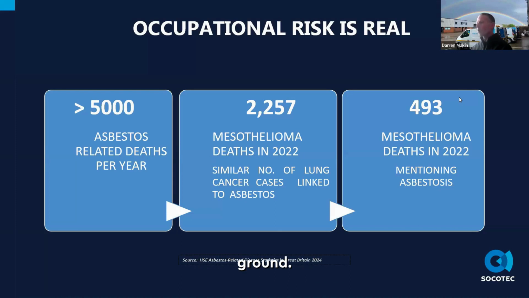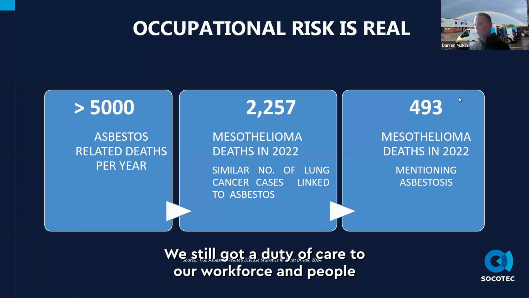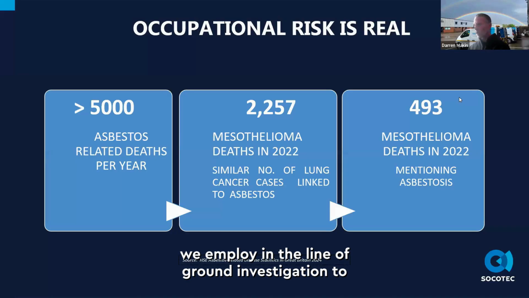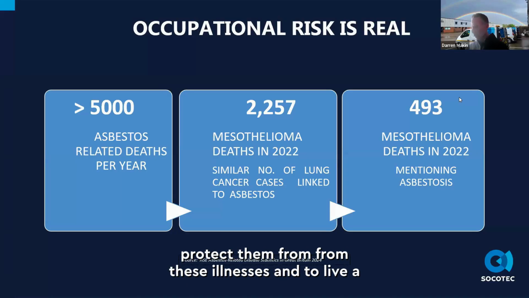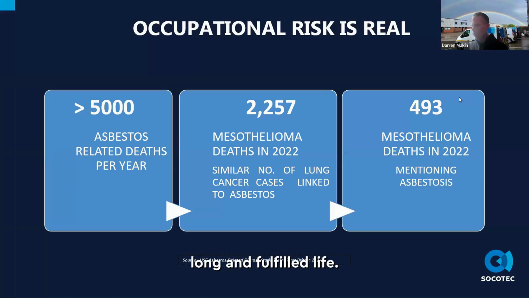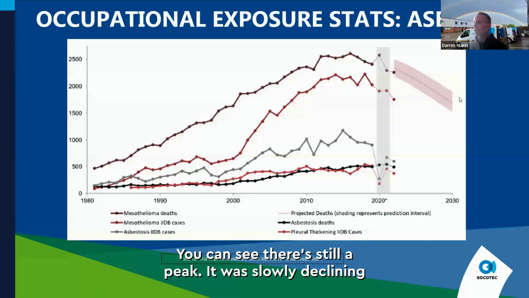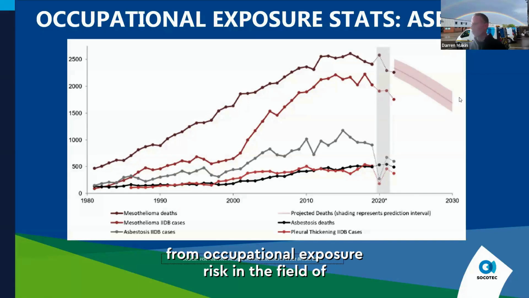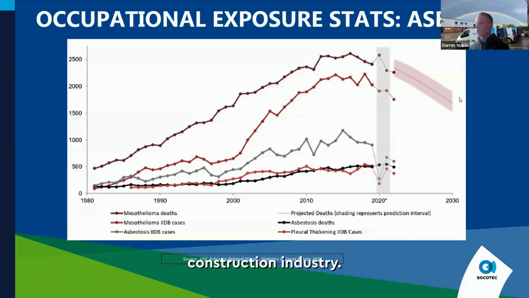We're dealing with wet ground. We've got a duty of care to our workforce and the people that we employ in the line of ground investigation, to protect them from these illnesses and to live a long and fulfilled life. As you can see, there's still a peak and we're slowly declining from occupational exposure risk in the construction industry.